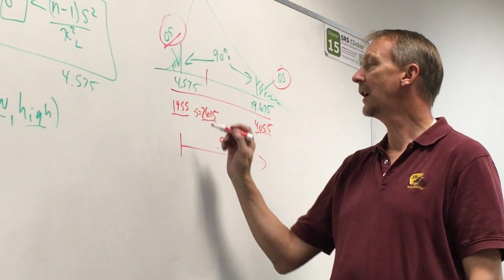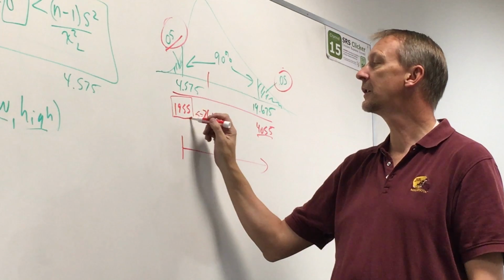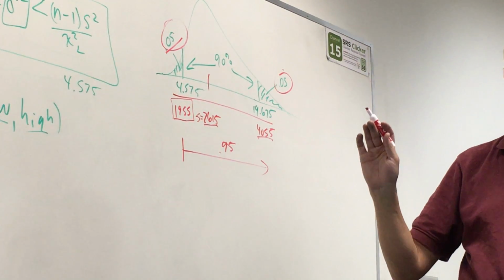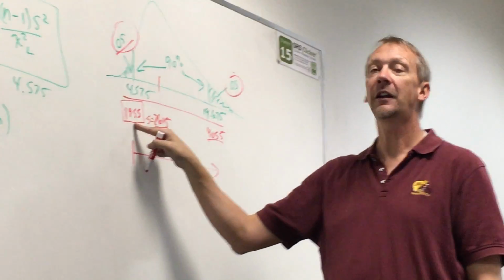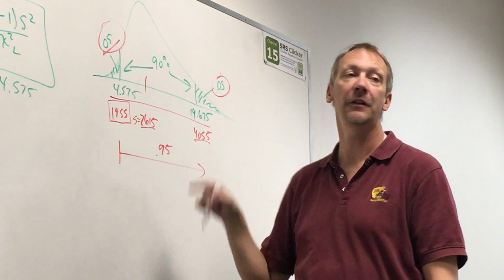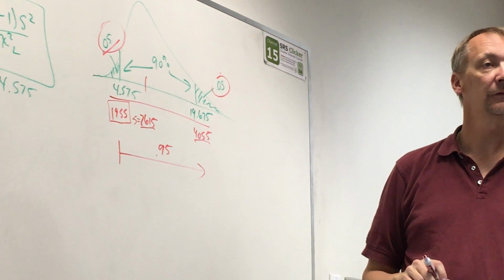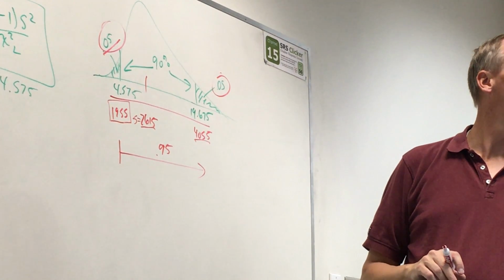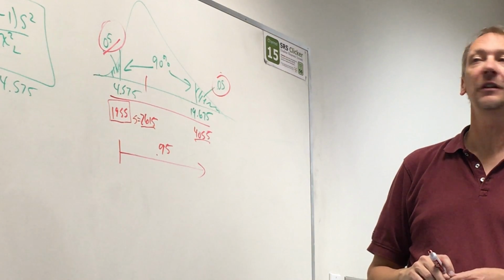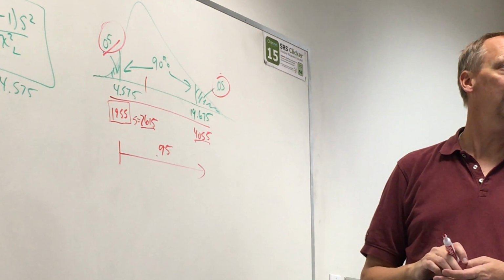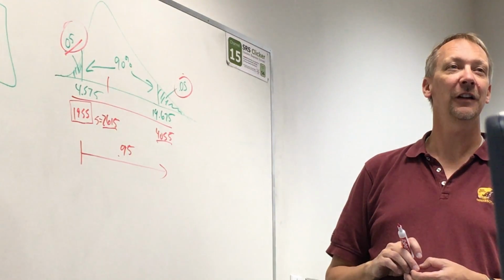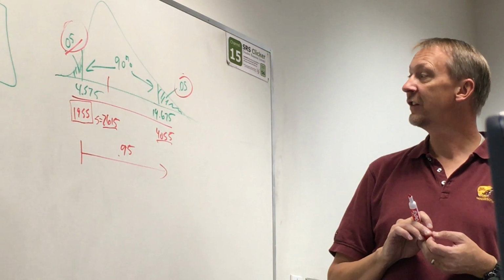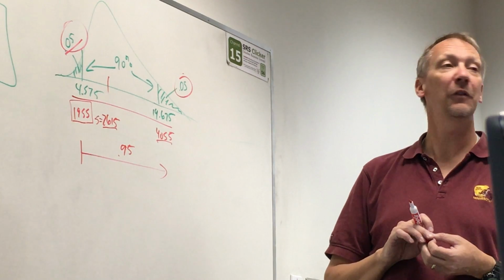And I'm 90% confident that the standard deviation is between $1,955 and $4,055. Should have had you guys interpret that. What if I ask you, is there a 95% chance that the standard deviation is between 1955 and 4055?